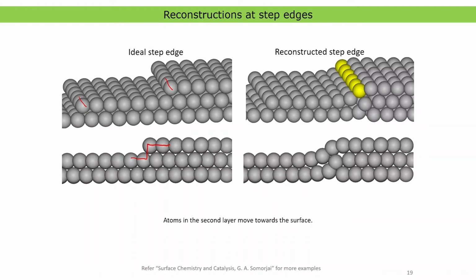So what happens is simple: the corner or step edge atom would move inward, and the atoms which are just below would move outward. Similarly, this atom would also move outward. As an effect, there is a rearrangement of the atoms, and a smooth transition happening at the step edges.